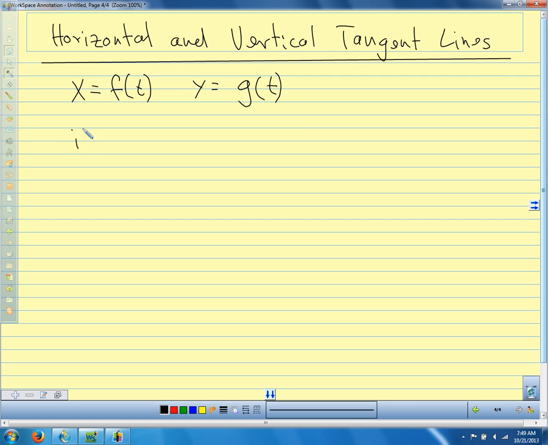So if dy/dt equals 0, and dx/dt is not 0, we have a horizontal tangent.